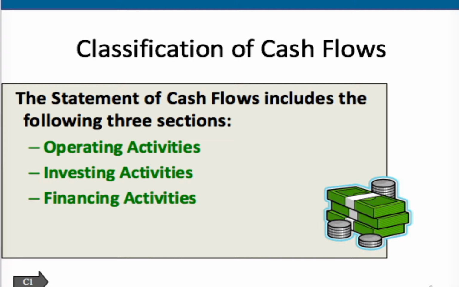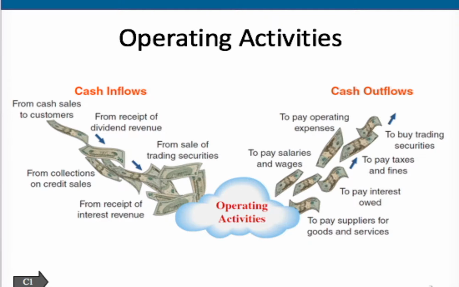A net cash inflow, or source, occurs when the receipts in a category exceed the payments. Obviously, that would make a net cash outflow or use occur when the payments in a category exceed receipts.